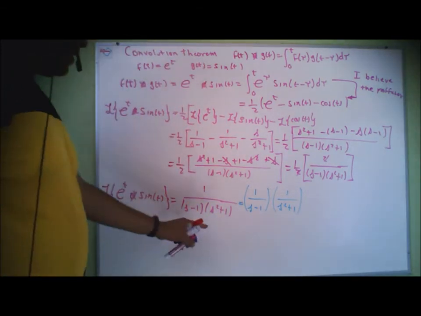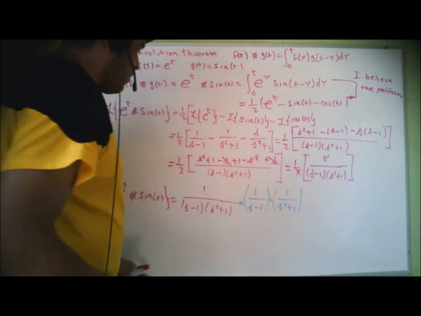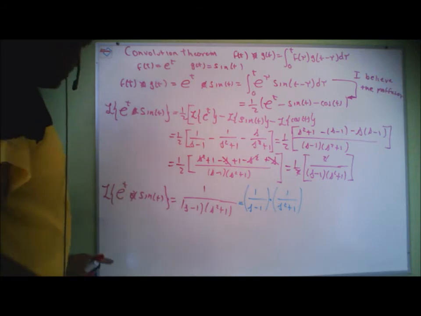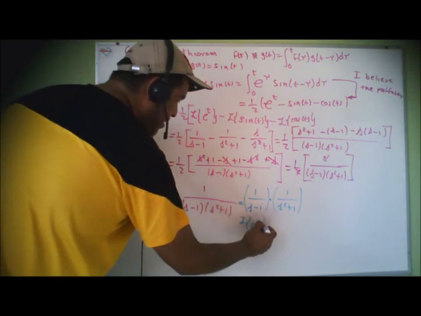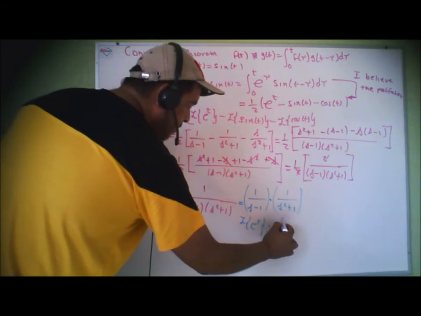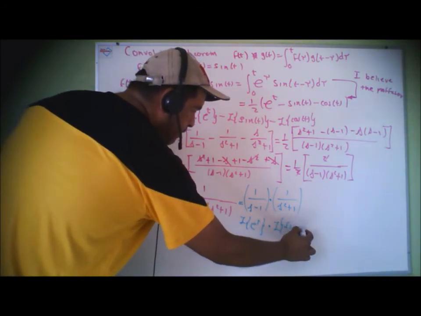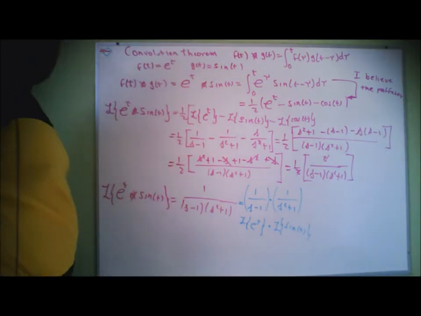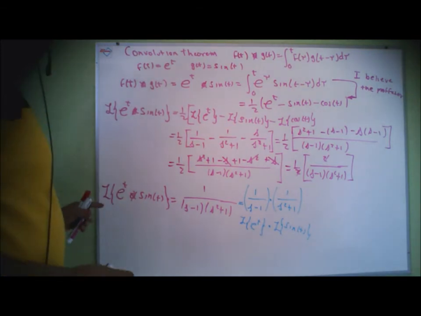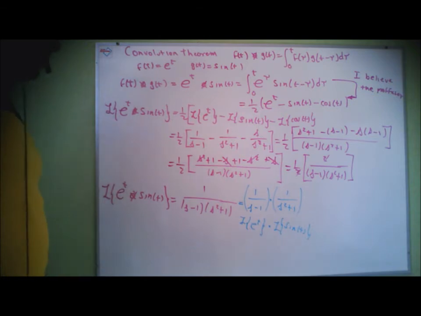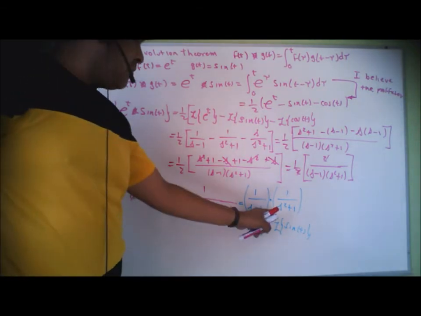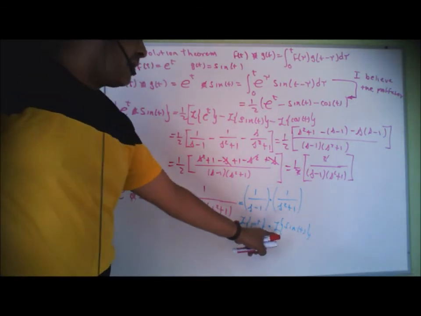As you can see, we haven't modified anything here, but this is the Laplace transform of exponential of t times the Laplace transform of the sine of t. It looks like the Laplace transform of the convolution in the time domain is just a simple multiplication in the s domain.